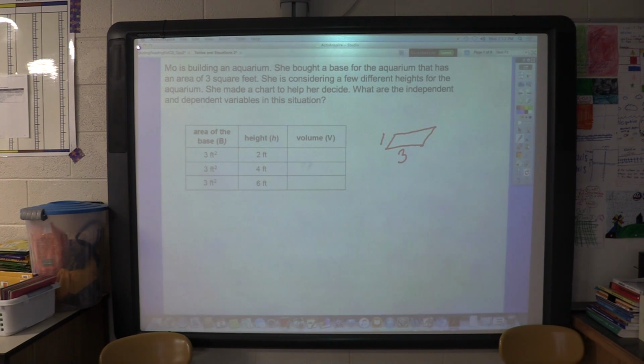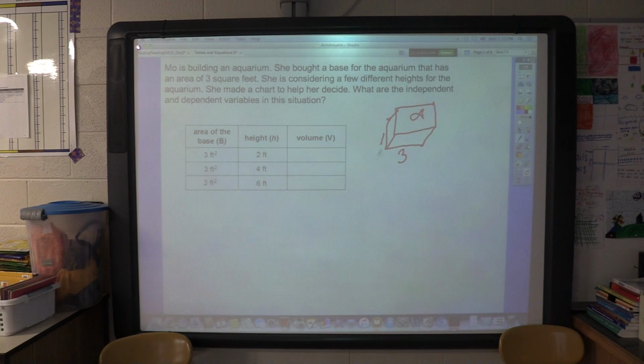And she can determine how high she wants her aquarium. So she's going to give it a height, and it's going to look something like this. This would be the base, the bottom of it, and this would be a little aquarium, and then there's a little fish in it.